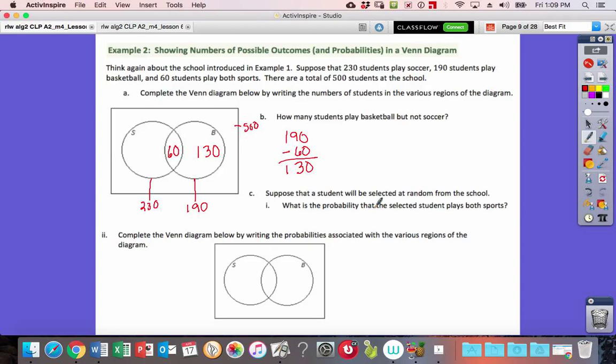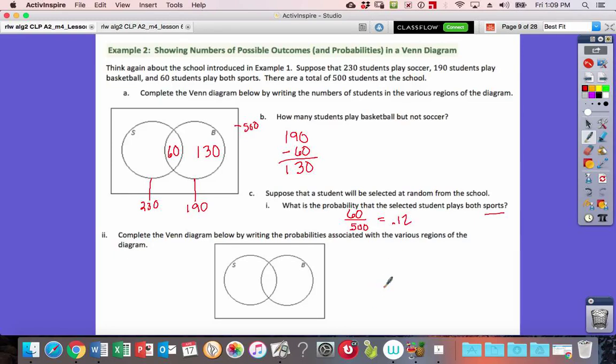What's the probability that the selected student plays both sports? Well, it would have to be 60 because they told us that. But the total number of students is 500. So it would be 60 divided by 500. Let me get my calculator out. It's going to be 0.12. Or you could say 12%.